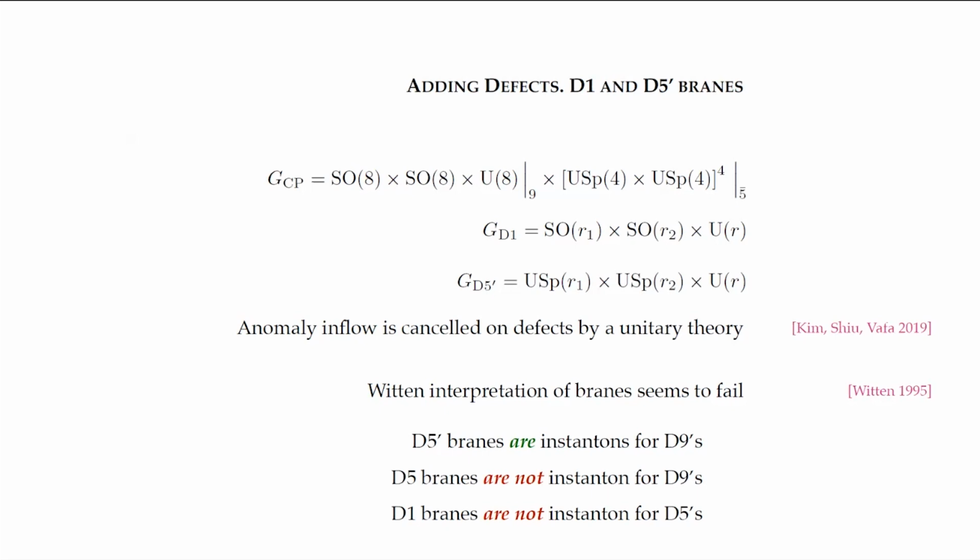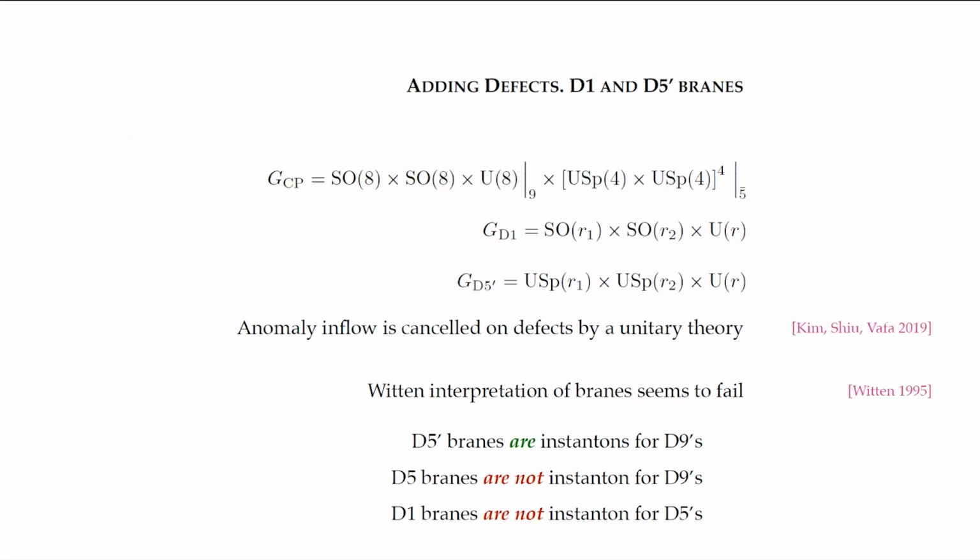Now, as Emilian mentioned, the interpretation of Witten of branes as instantons of the higher dimensional objects seems to fail completely. You can see the D5 prime branes as instantons of the D9. That's fine, because they have the right gauge group, USp for the SO and unitary for unitary, and you find all the excitations.